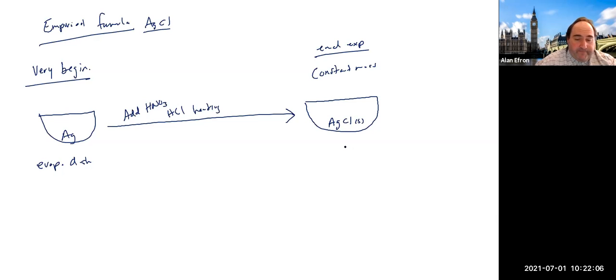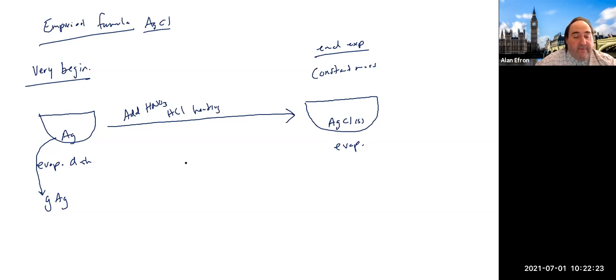So what we know is we started with a certain amount of grams of silver to begin with. We know that at the end, the only thing that was added to the silver is chloride.